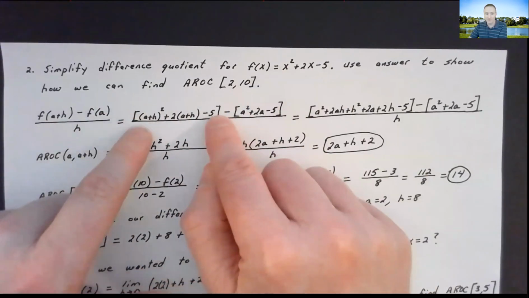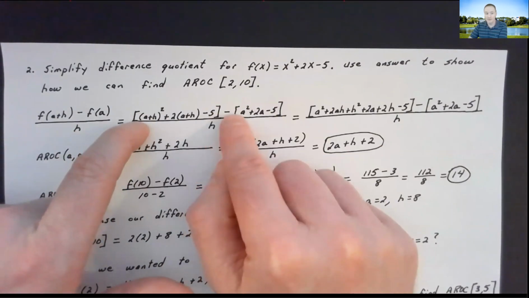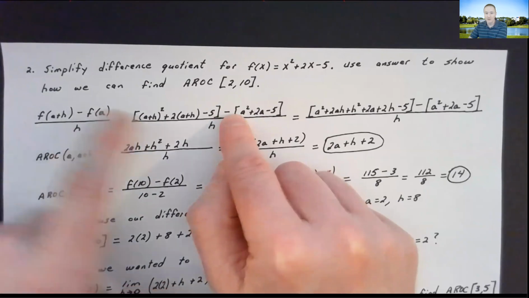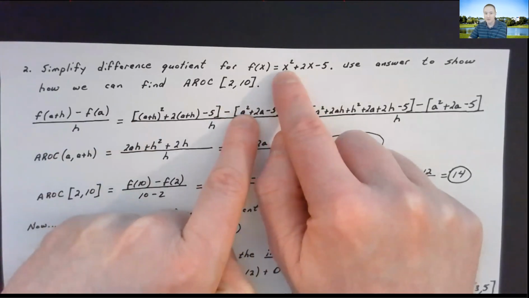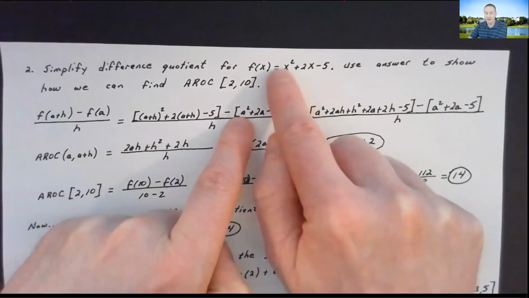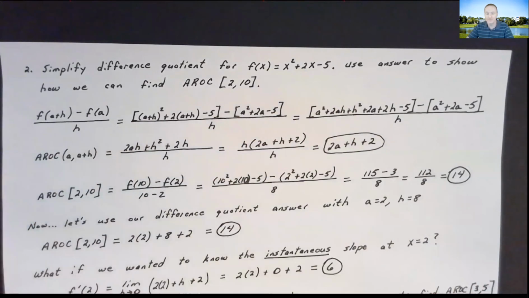This whole group is my f of a plus h. What do I want to do with that? Well, I need to subtract f of a. What is f of a? It's just your function evaluated at a. So I say minus the group a squared plus 2a minus 5. All of that's divided by h.